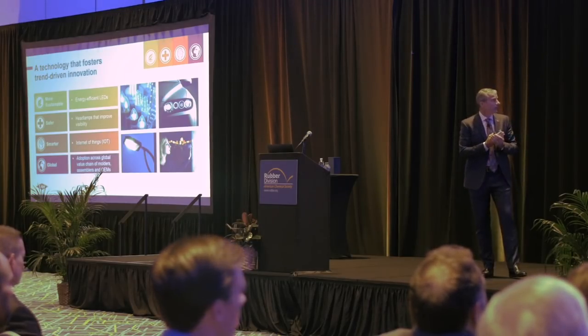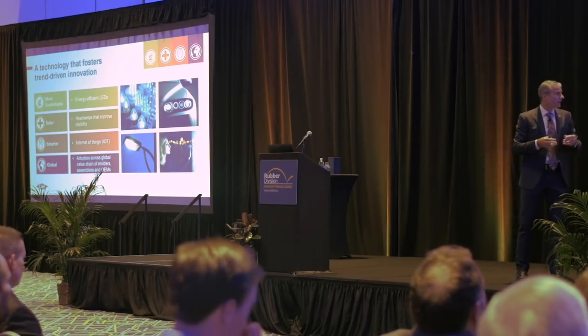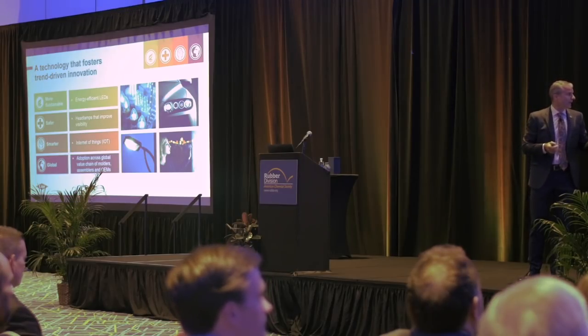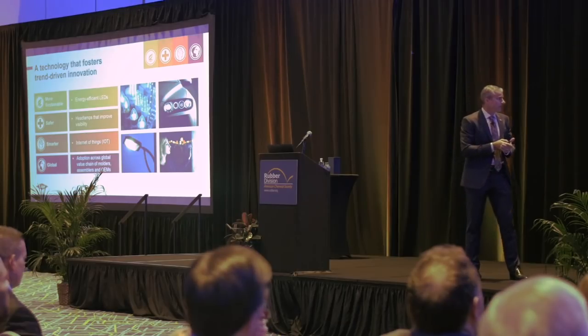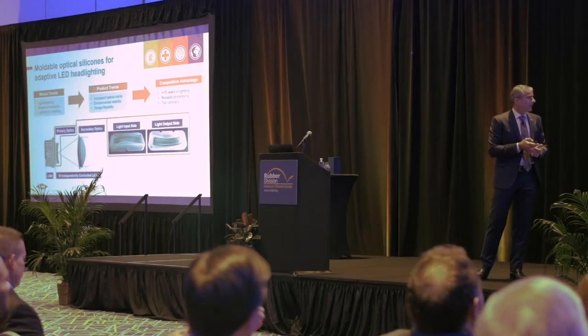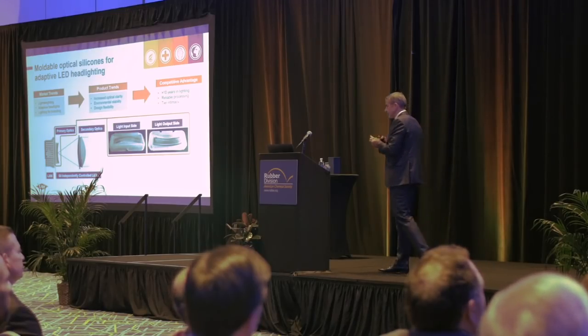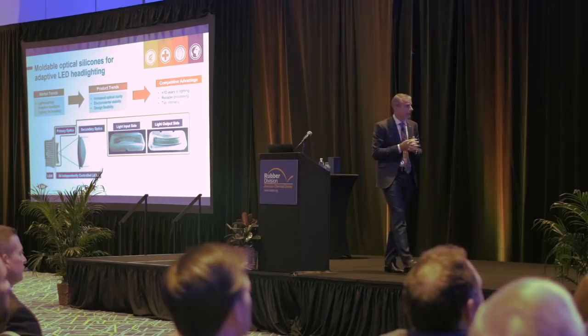So I mentioned these types of applications are used for all kinds of different lighting applications. We see them now even in Internet of Things applications and so on. But I would like to show you one application that I'm really personally excited about, and that's the automotive headlamp assembly.